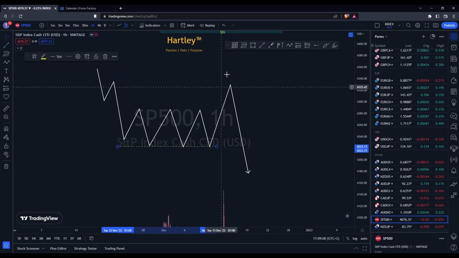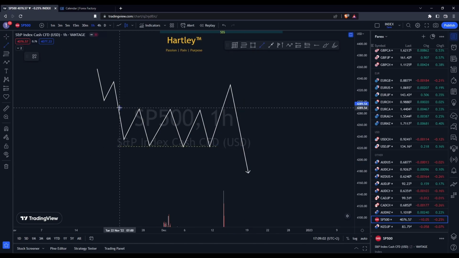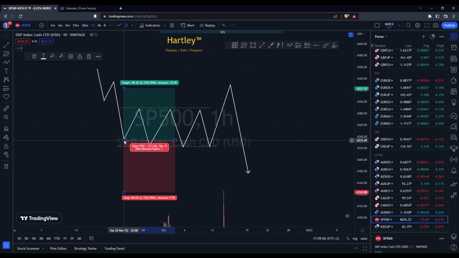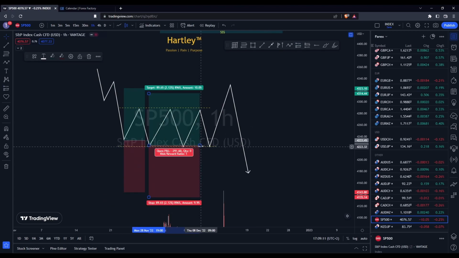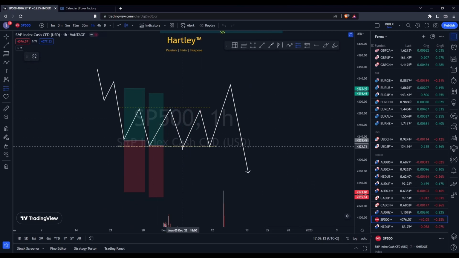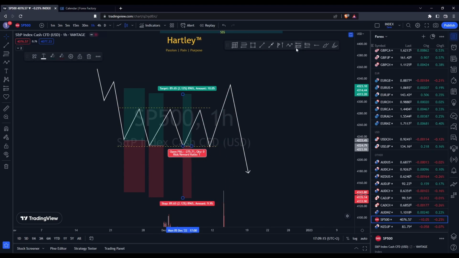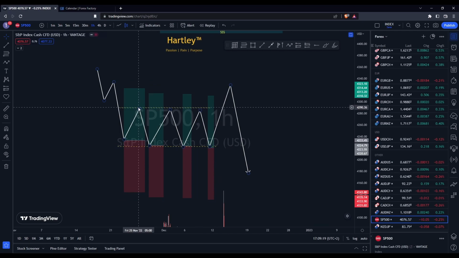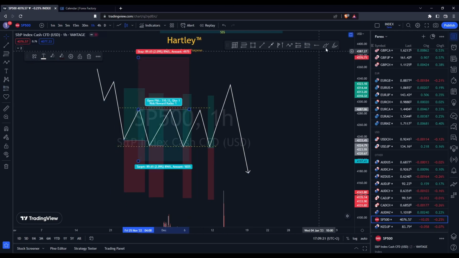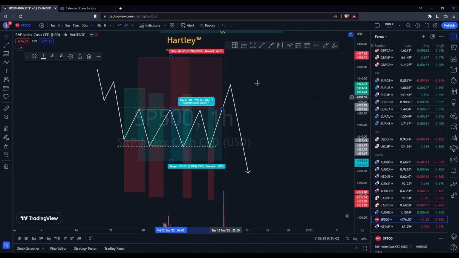So we have money sitting there, and you have money sitting there. And what's happening is that people are buying up this zone here. They're buying from here, and they're buying from here, and from here. And then people are also shorting from there, and shorting from there.